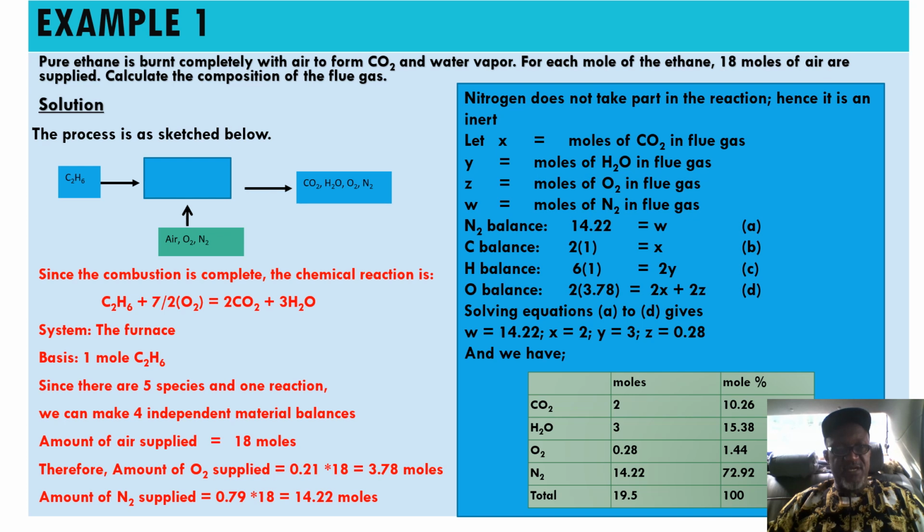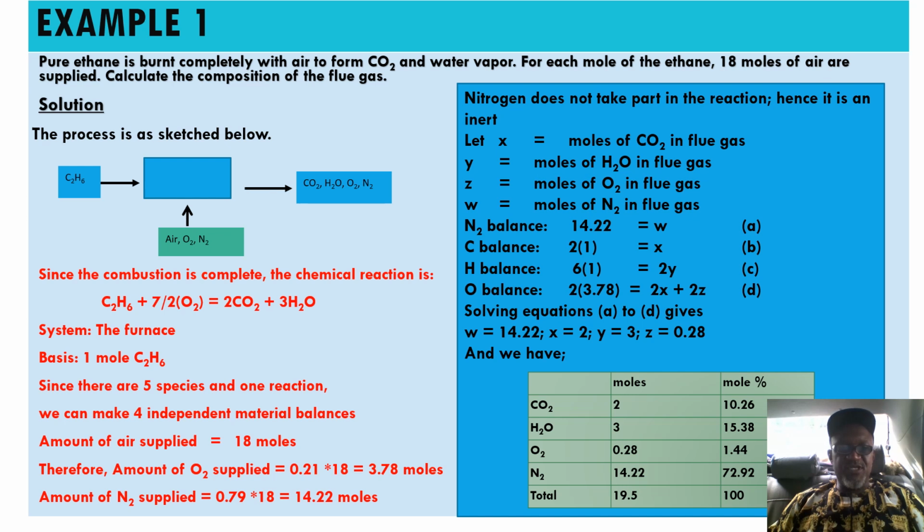Example: the first example, we want this example to show this. Pure ethane, you see, we are given that question, is burned completely with air to form CO2 and water vapor. For each mole of ethane, 18 moles of air are supplied. Look at that. First thing we do is to sketch the flow chart.